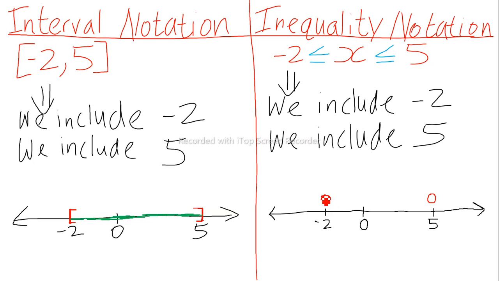Why do we shade it? Well, we shade it because it says that it's less than or equal to, and we said that we include negative 2, so that's why we shade it. Then here we shade it as well, so we shade the positive 5.